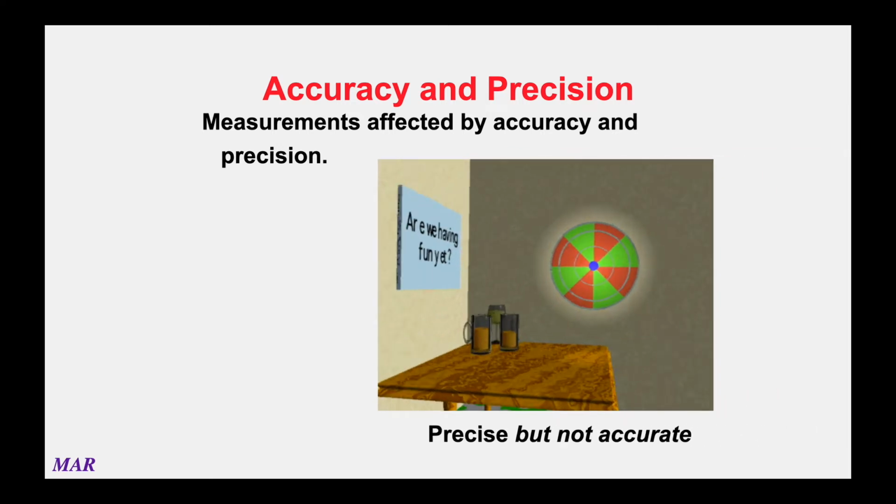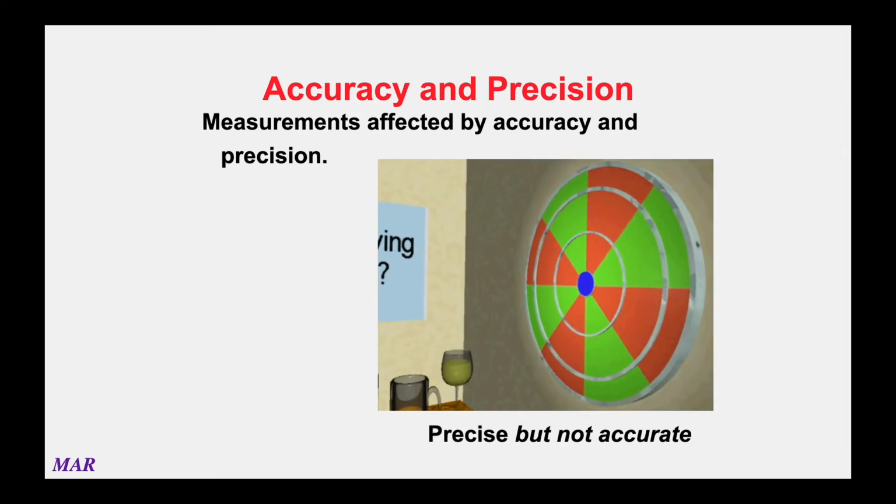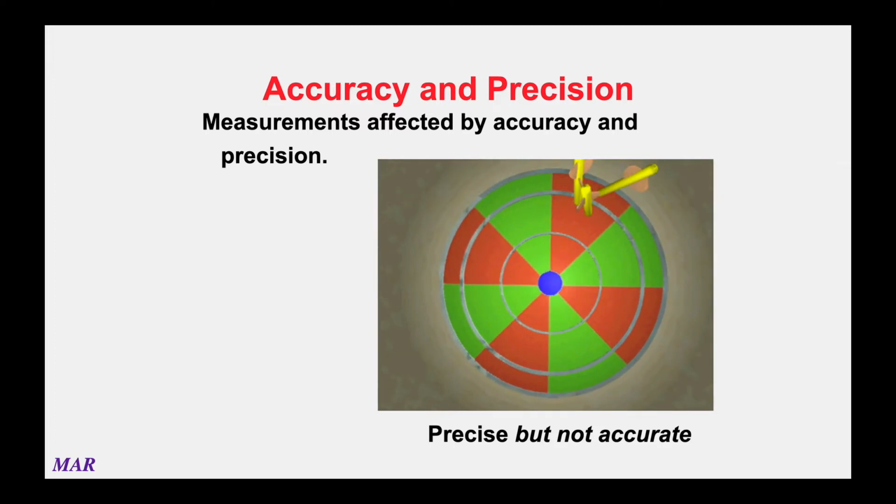However, same thing, you've now had a root beer or two, over 21 and all. You throw the darts again, but your root beer is just interacting so much with your body, you're too sugared out or whatever, that you throw the darts and now they're not really close to that blue dot, but you threw them all in a consistent manner, and they all ended up in the same place.